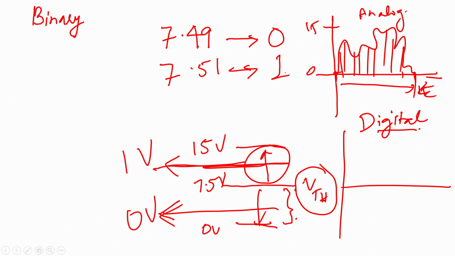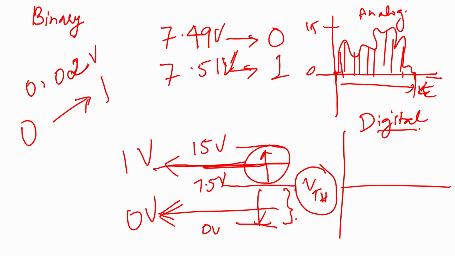So, what happened with a voltage change of 0.02 volt? You translated from a binary 0 to binary 1, which is a very huge change in the digital domain. So, what does this mean?